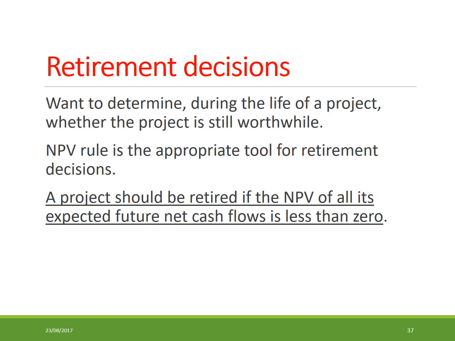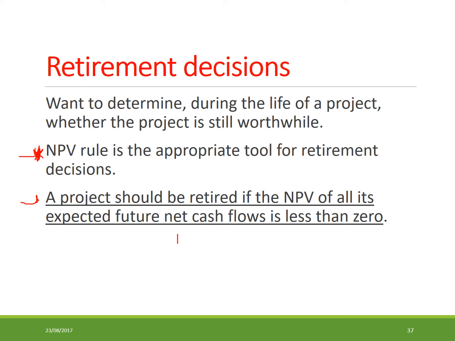So our decision rule here for the retirement decision is, once again, we want to choose the best time, the time where we have the best value. Okay. So the project should be retired if the NPV of all of the future net cash flows is less than 0, right?